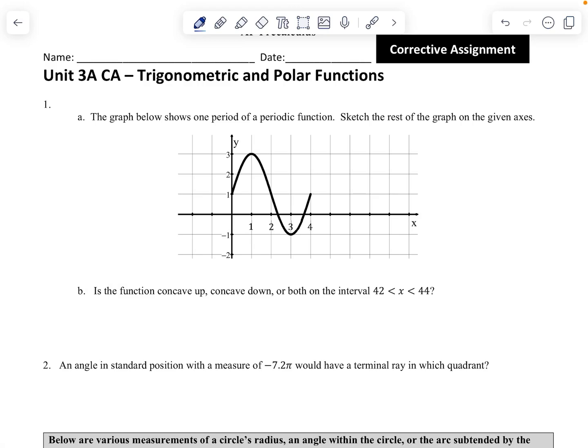So for this first one, we have this graph, and we need to find whether it's concave up or down or both from 42 to 44.